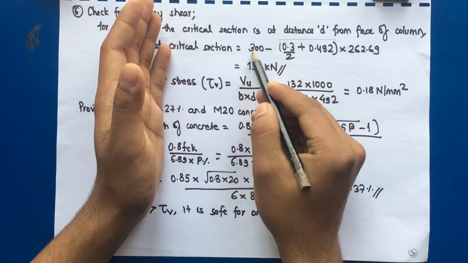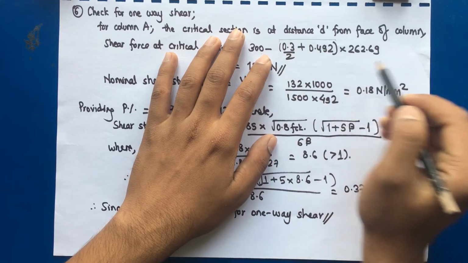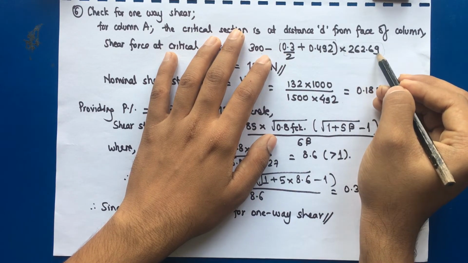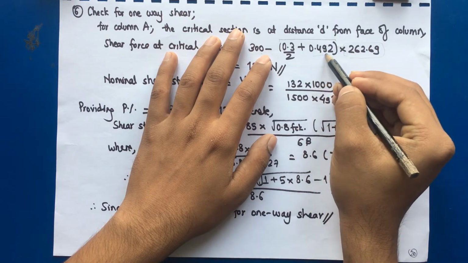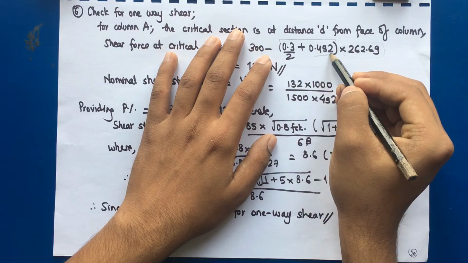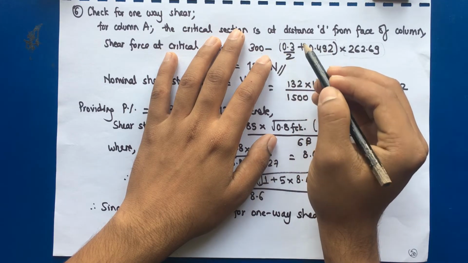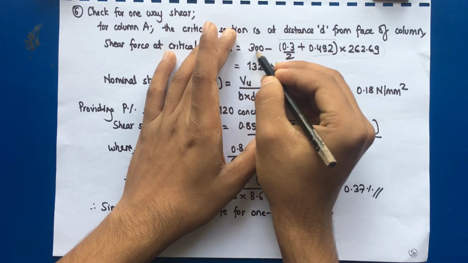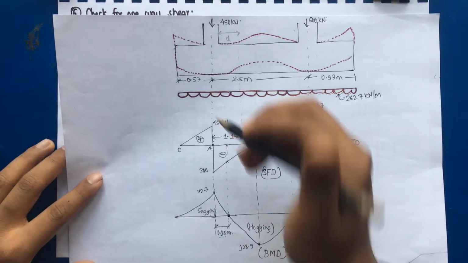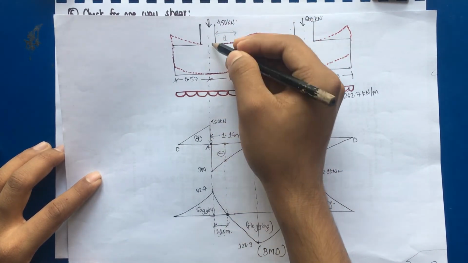This is the maximum shear force at the center of column A, minus the UDL 262.69 into the critical section distance, which is 0.492, that is D from the face of the column, plus half the width of the column, since this value is computed at the center of column A. If you see the shear force diagram, this is computed at the mid or center point of column A.